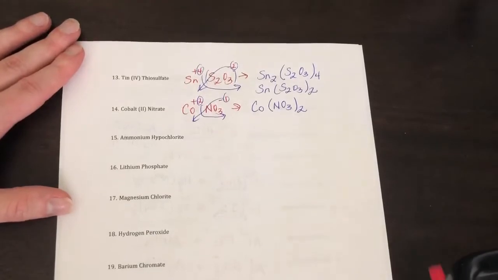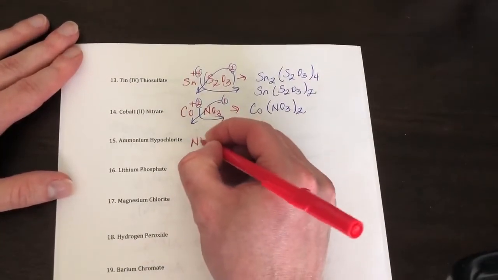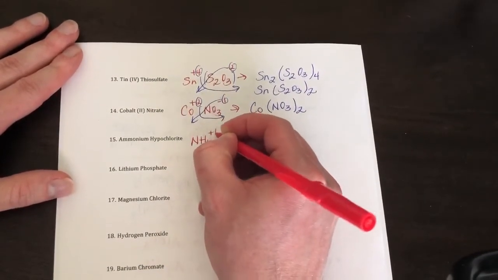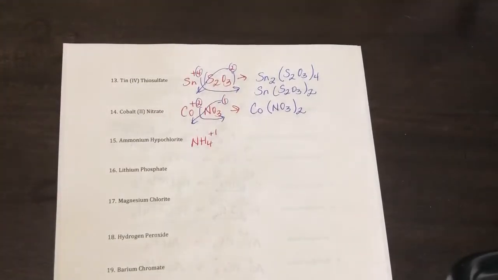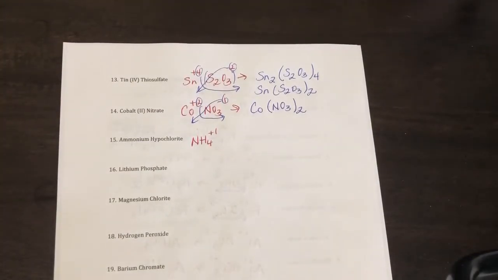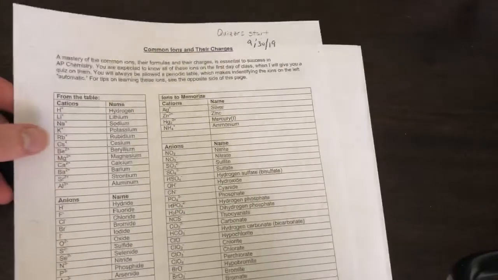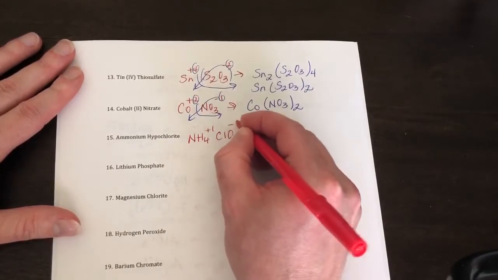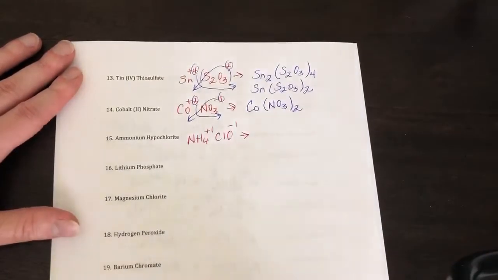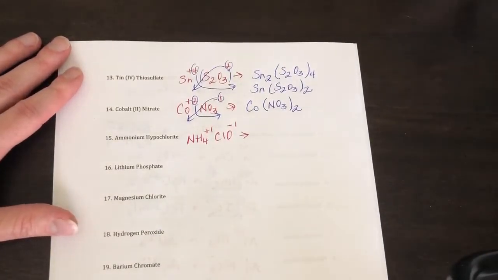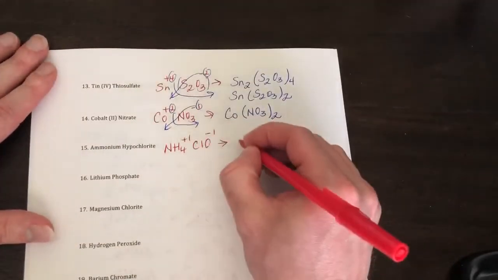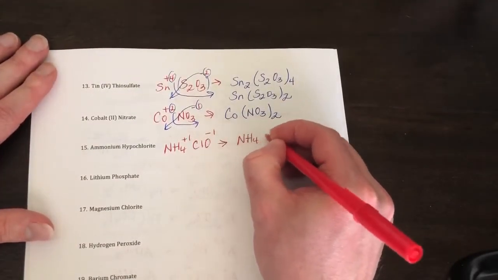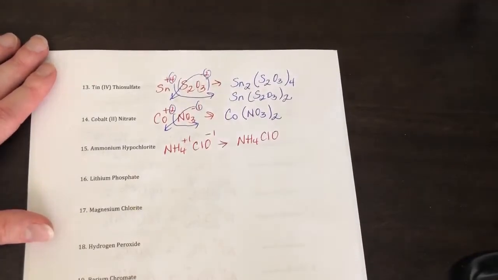Okay, ammonium hypochlorite. Ammonium is NH4 with a +1 charge. Hypochlorite is ClO with a -1 charge. They're equal and opposite, so you just write it like that.